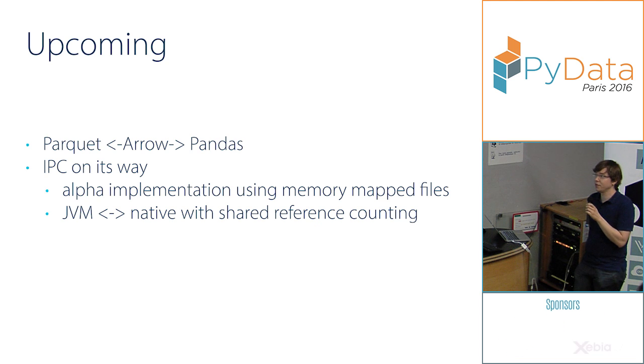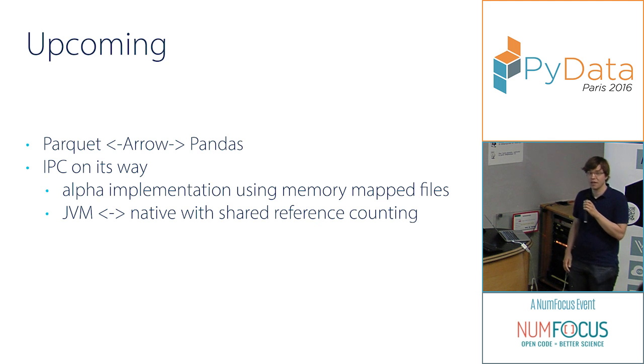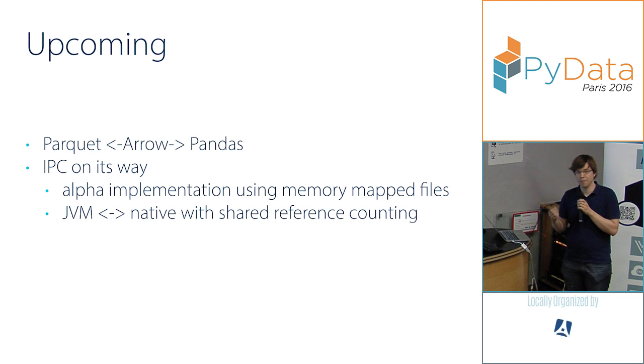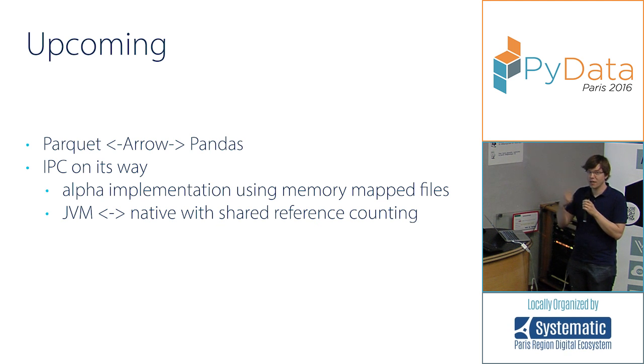And inter-process communication is currently the other hotspot where development is happening. Hopefully soon we have shared reference counting between the JVM and native Python code, so you can pass around your arrays without having modifications. Like Olivier presented in the beginning, when you have data in Spark, Scala code does some computations, then takes the data, serializes it, passes it to a different Python process, deserializes it there, makes some Python computations, and serializes it again, passes it over to another process and deserializes it.